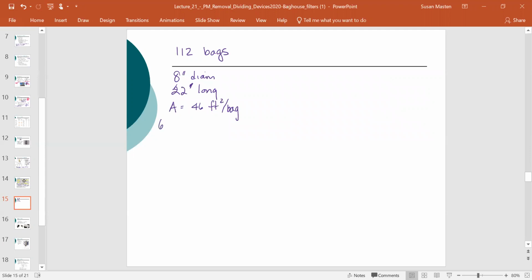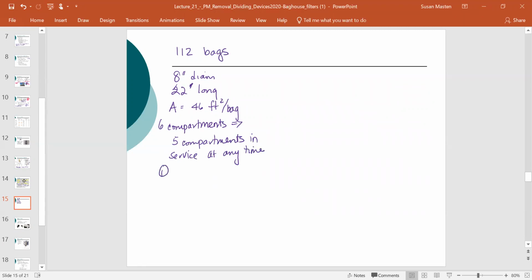You're told you have 6 compartments, but we're going to assume that at any point in time we have 1 out of service. So we have 5 compartments in service at any time.